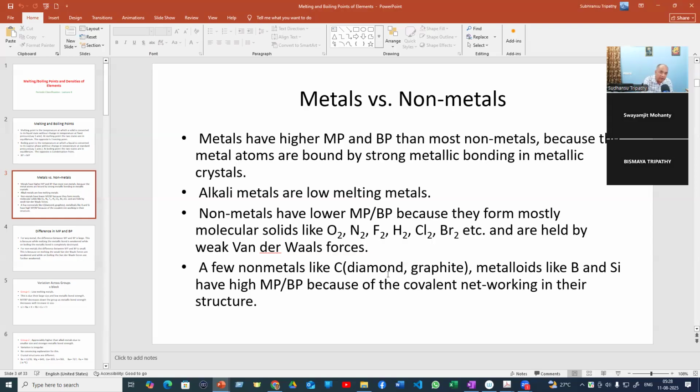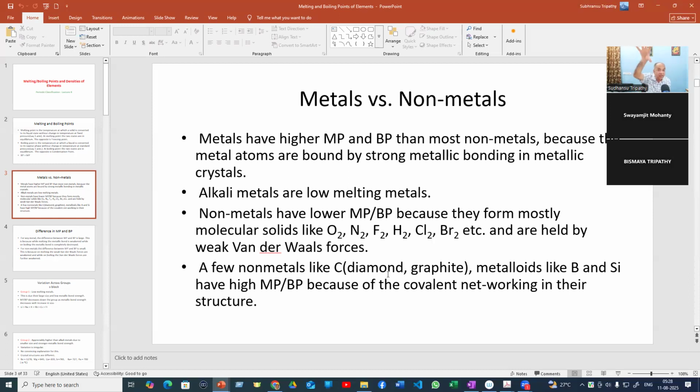Because while you melt a solid non-metal like solid chlorine or solid hydrogen, you weaken the van der Waals forces. The van der Waals forces are maximum in the solid state. In any case, you don't destroy the covalent bond. So when you vaporize a liquid at its boiling point, you further weaken the van der Waals forces.